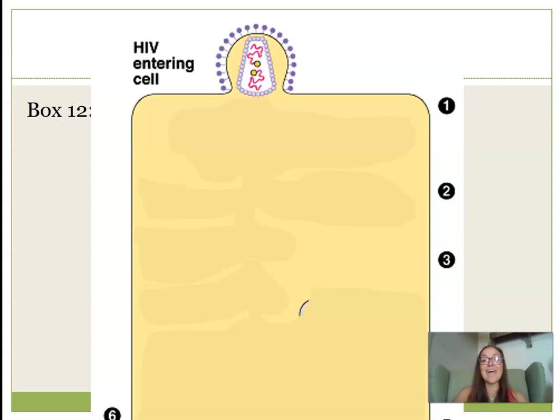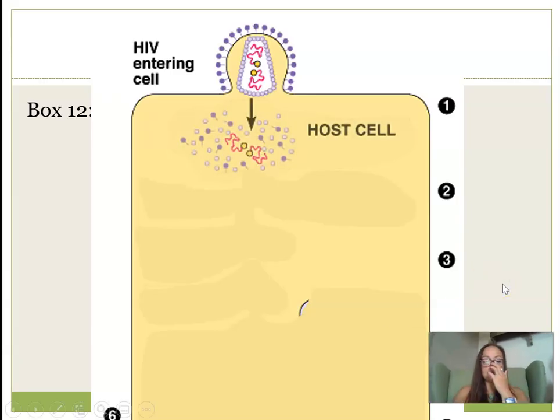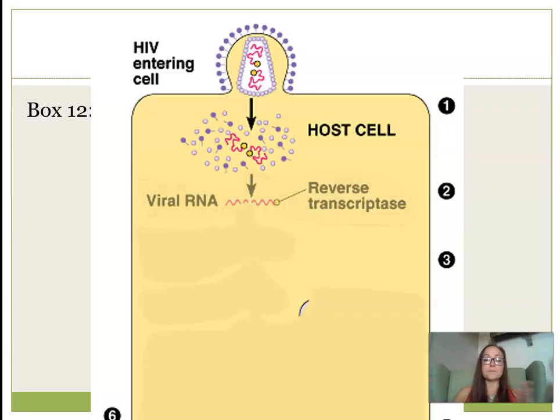Anyway, so HIV enters the host cell, and what's going to happen next is it will disassemble. Its protein coat will come apart. And now it has this viral RNA. And this is where we're going to work backwards and do reverse transcription.